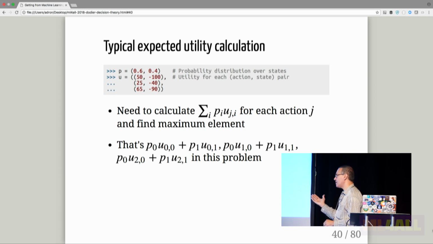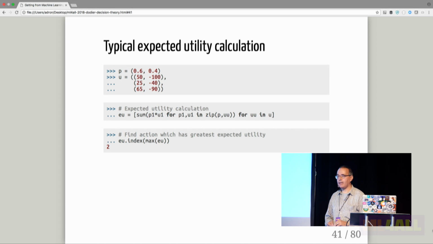So just to be explicit, all we need to do is to calculate these three terms here, which are multiplying the elements of P and U and adding them up. So just to walk through this very carefully, the first step is to compute the expected utilities, and the second step is to find the index of the greatest element.